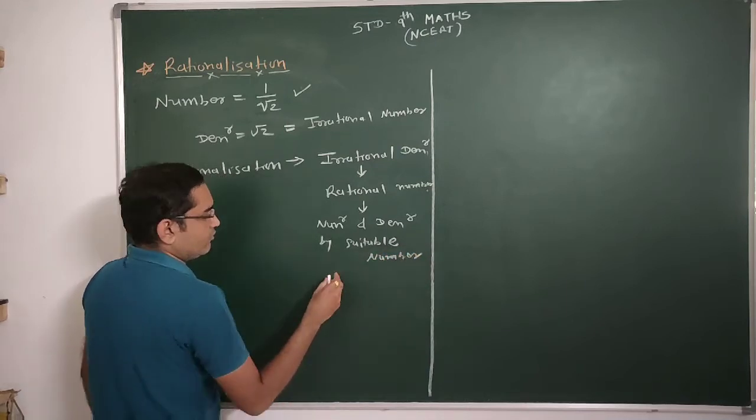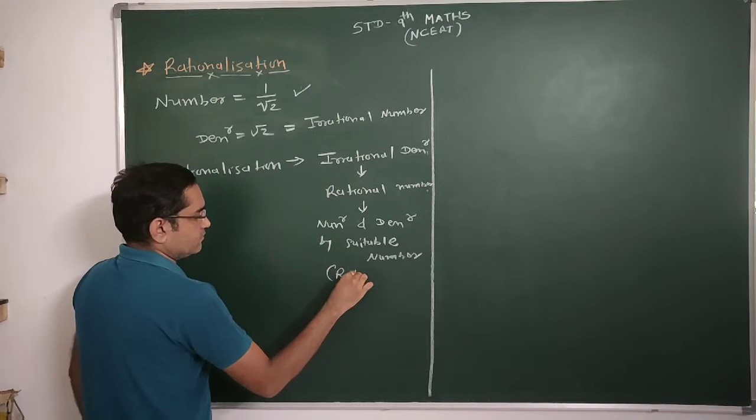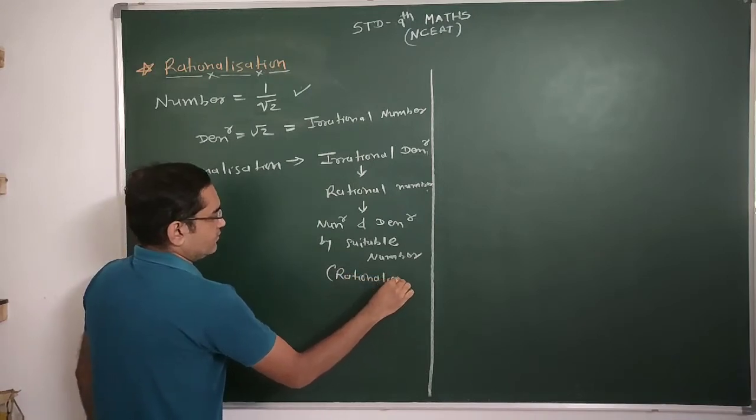That suitable number is also known as the rationalization factor.